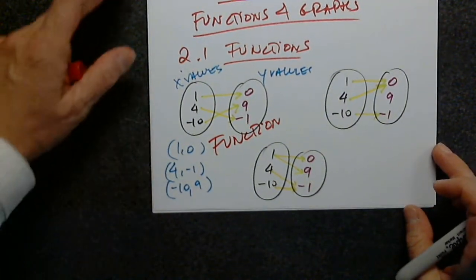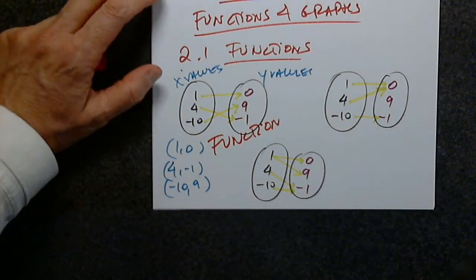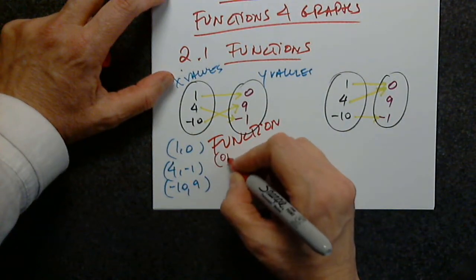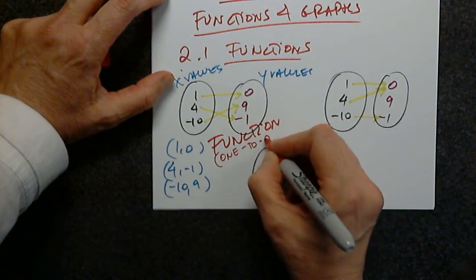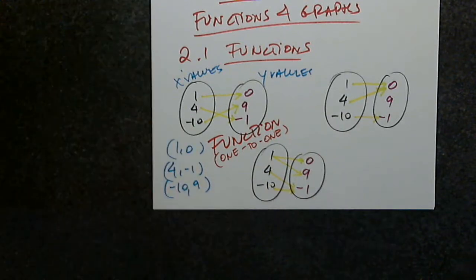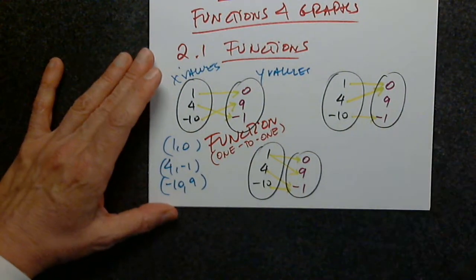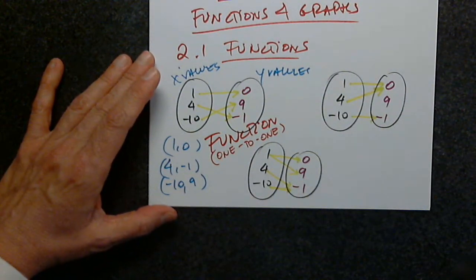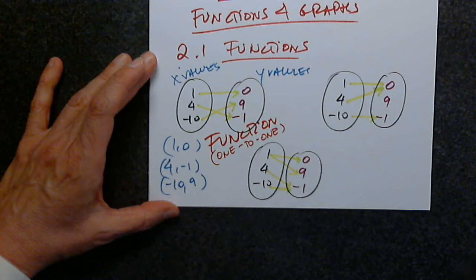Furthermore, towards the end of the chapter, we will call this function 1 to 1. It has a very special property. Not all functions are 1 to 1. What does it mean? We don't need this for this test, but I will refresh your memory and we'll talk about it for test 2.